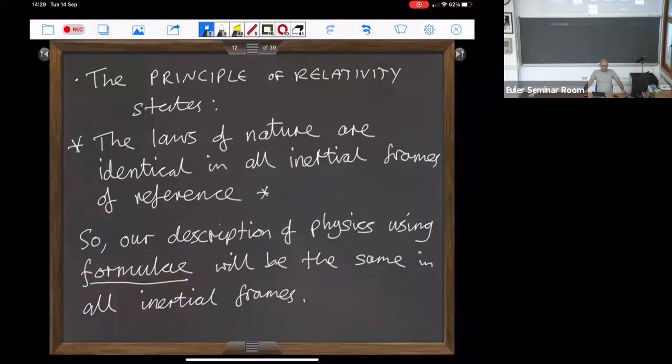What that means is that since we describe the physical world through mathematical formulae and equations, the form of any formula which describes some physics in one inertial frame will take the same mathematical form in any other inertial frame.